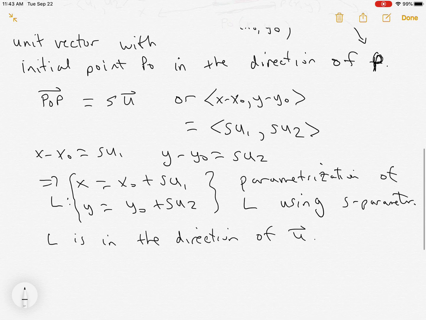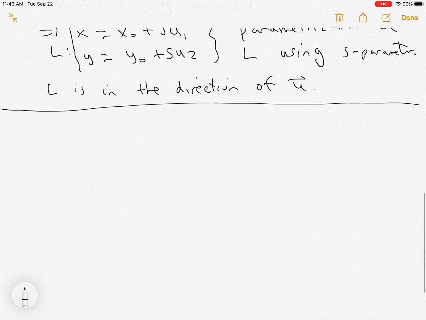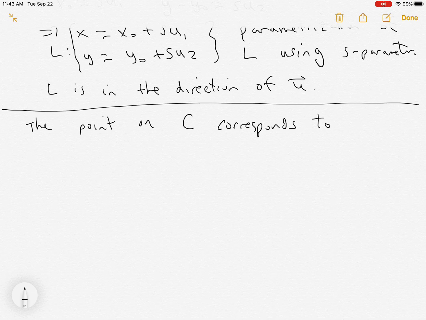All right. Now let's go back to the curve for a second here. The point on C that corresponds to any P on there is f of x naught plus SU1, y naught plus SU2.